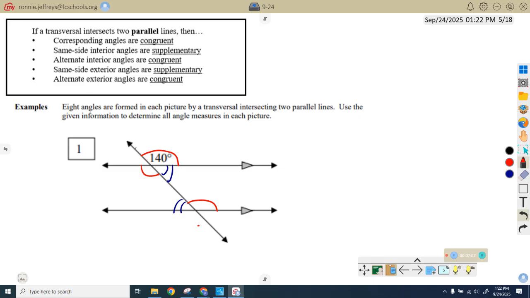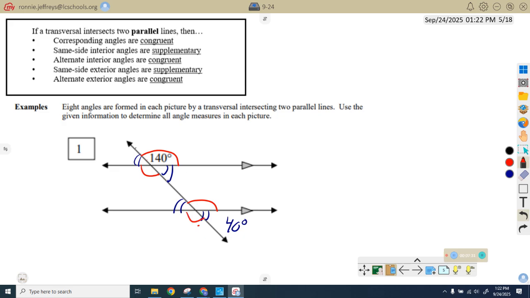Same side exterior angles are supplementary. That means this and this are supplementary. If this is 140, this has to be 40 degrees. And then alternate exterior.